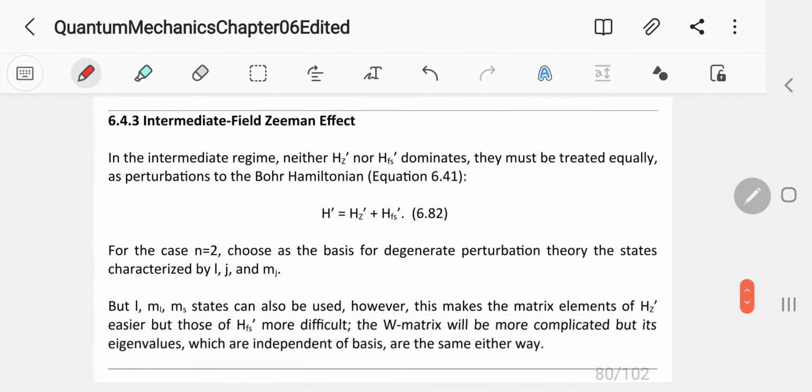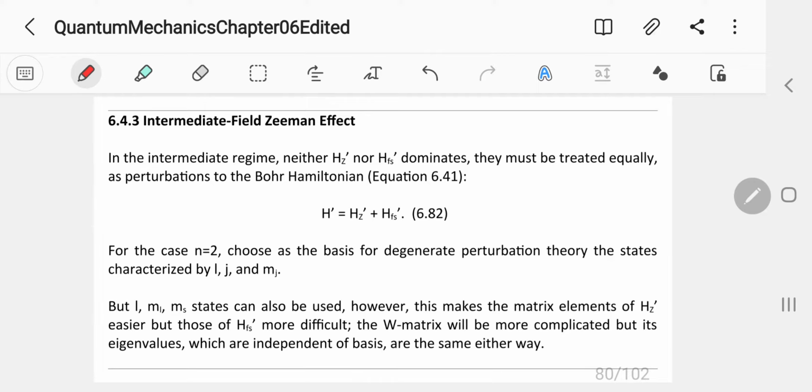So now we'll go to the intermediate zone, where the external magnetic field and the internal magnetic field are about the same magnitude. So in that regime, neither Hz prime nor the Hamiltonian of the fine structure dominates.